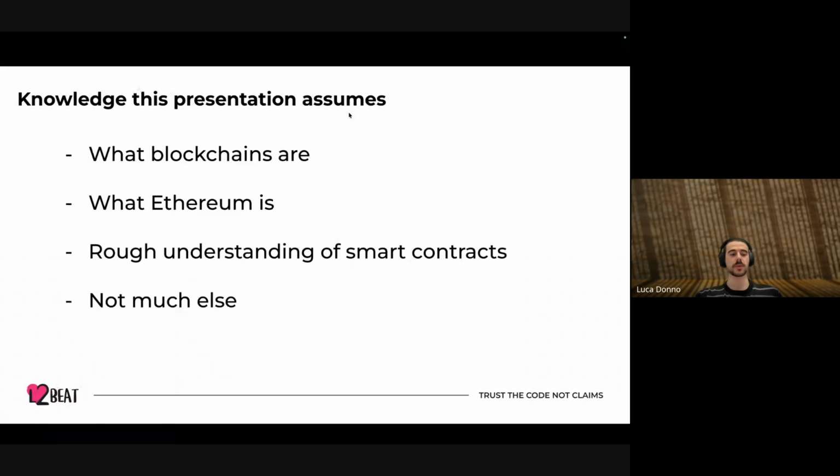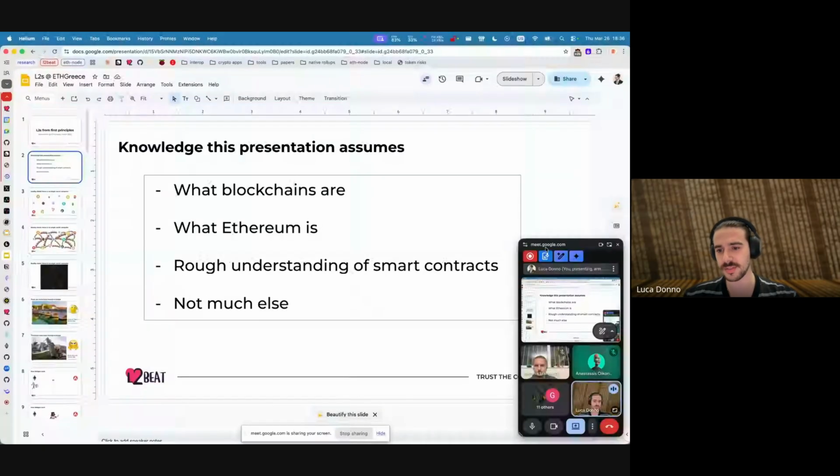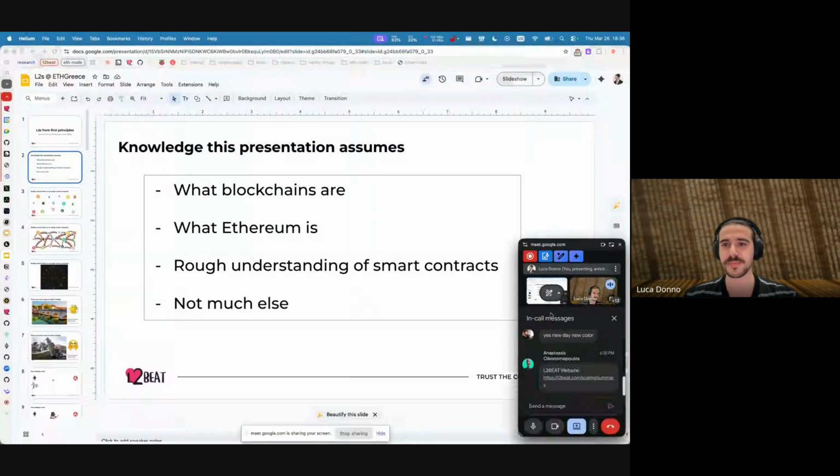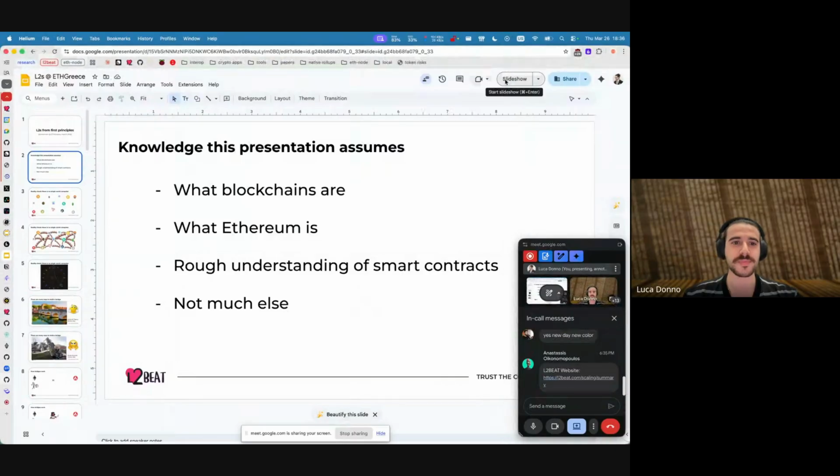Okay. So for this presentation, what I assume that you already know is more or less what blockchains are. I will assume that you know what Ethereum is, more or less, nothing in super detail. I'll take it. Okay.